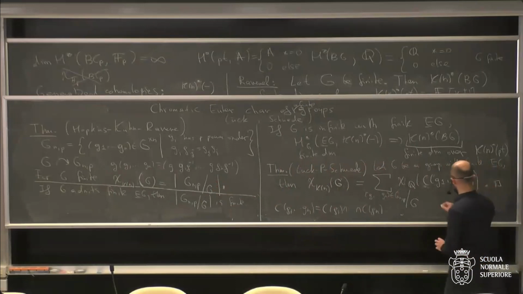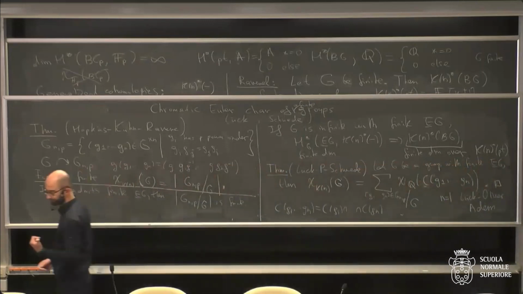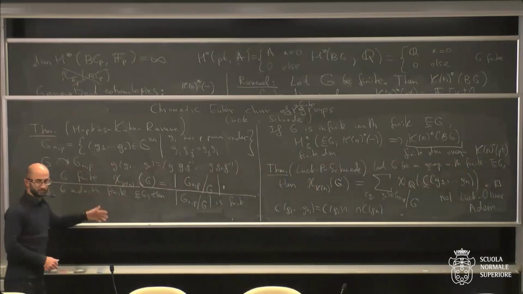A funny thing, though, is that when n is equal to 1, this was a well-known result. This was a result due to Luck, Oliver, and Alejandro Adem. And then you also had all this Hopkins-Kuhn-Ravenel character theory.